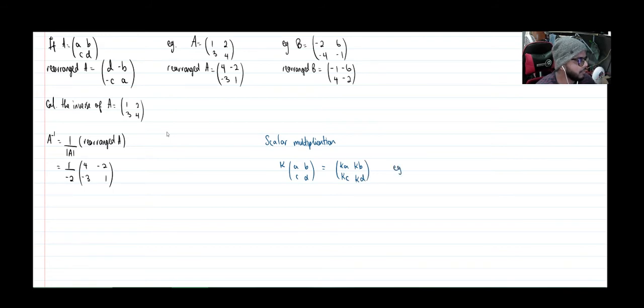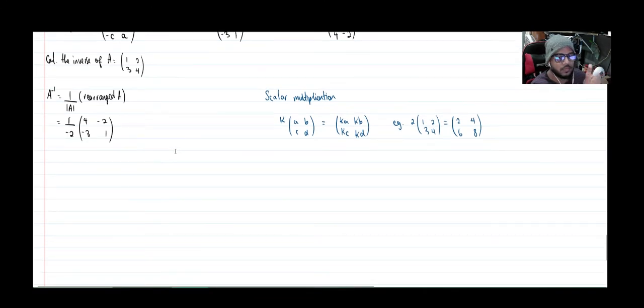For example, if I have 2 multiplied by 1, 2, 3, 4, I must multiply 2 by each of the entries inside. So I get 2, 4, 6, and 8. The same thing applies if I am factoring out a number from a matrix, I must factor that number out of each of the entries. So if I work backwards, I'm factoring out 2 from this matrix, 2, 4, 6, 8. I pull out the 2 and I divide each of the entries by 2 to get my matrix.